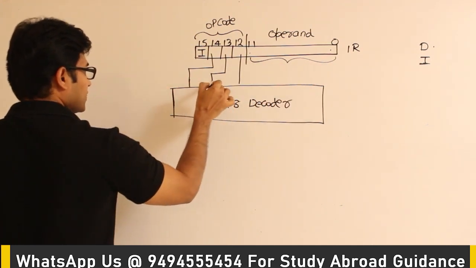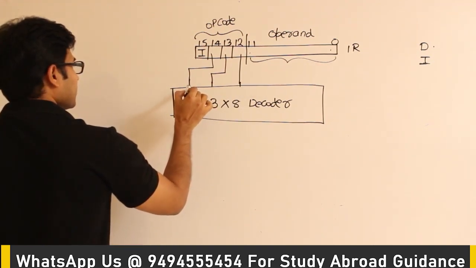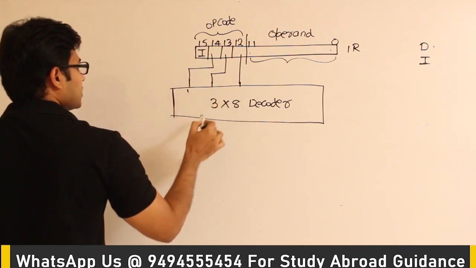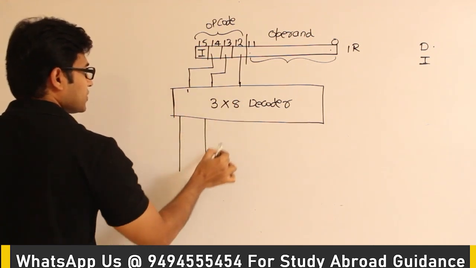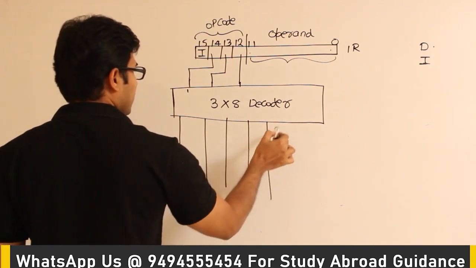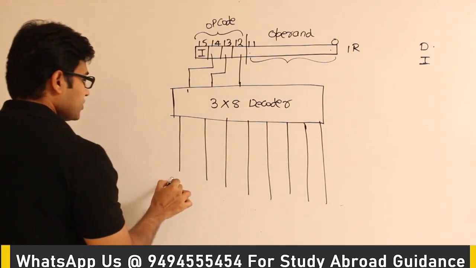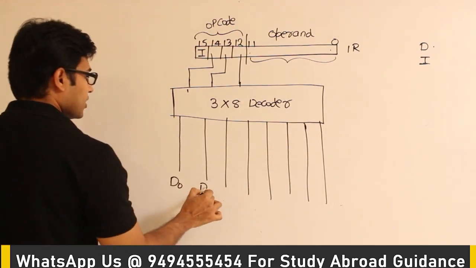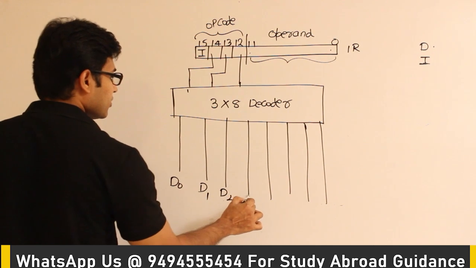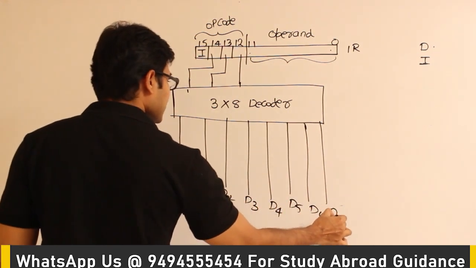Let's say these are the 3 inputs, and then the outputs are going to be 8: 1, 2, 3, 4, 5, 6, 7, 8, right? And each output will represent a certain type of operation: D1, D2, D3, D4, D5, D6, D7.